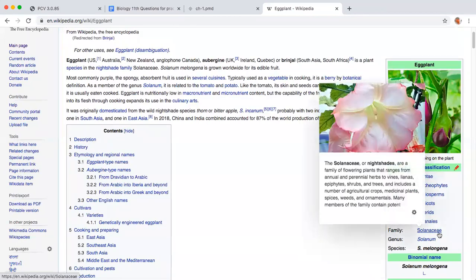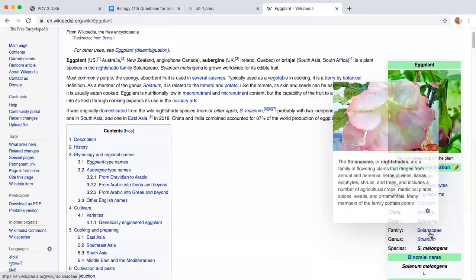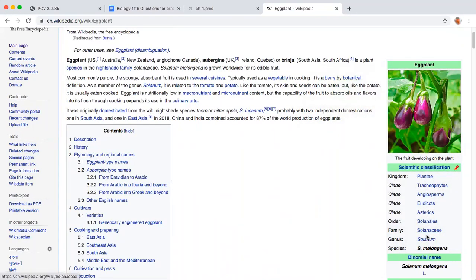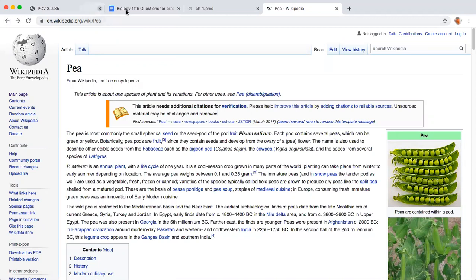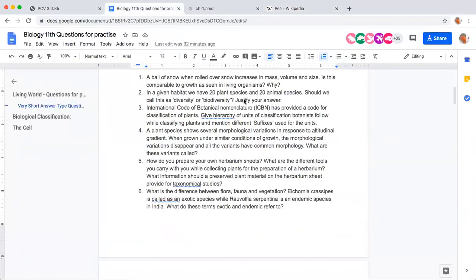So for family, it is aceae only. Fabaceae, Solanaceae, like that they will use. Like this, you have suffixes for animals also. Here in this question, they have asked about the hierarchy units of classification and the suffixes which are used. So please follow that.